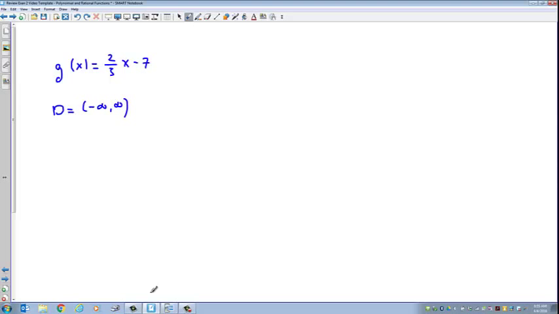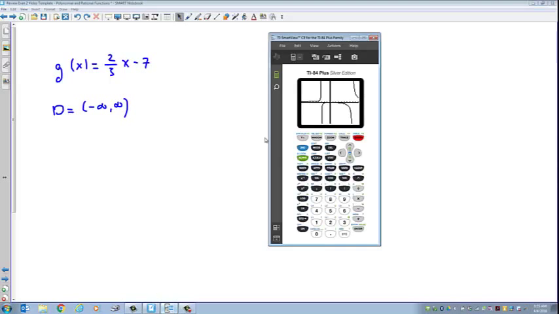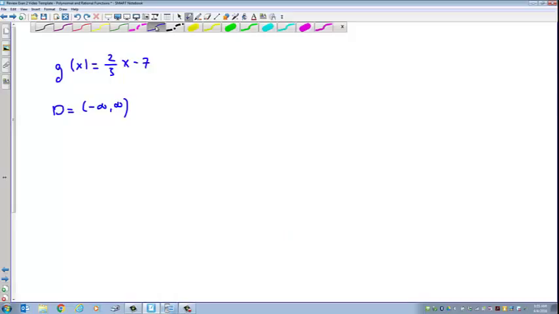And then if you graph the line on your calculator, you'll see it's not a horizontal or vertical line, of course. So the range is also going to be everything, but we might as well graph it. So 2 divided by 3 times x minus 7. Let's just do a standard window, so -10 to 10. So there it is down there. And so the range is also everything.